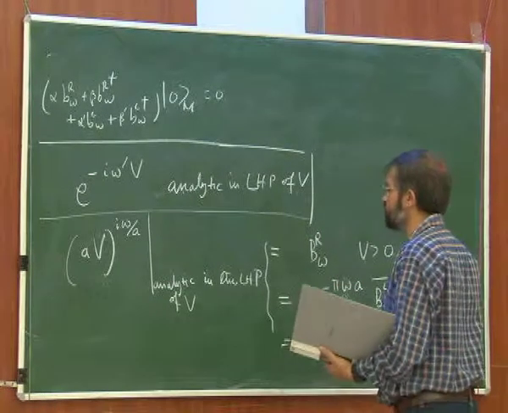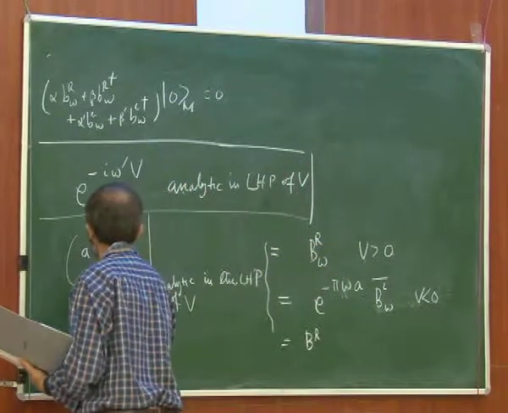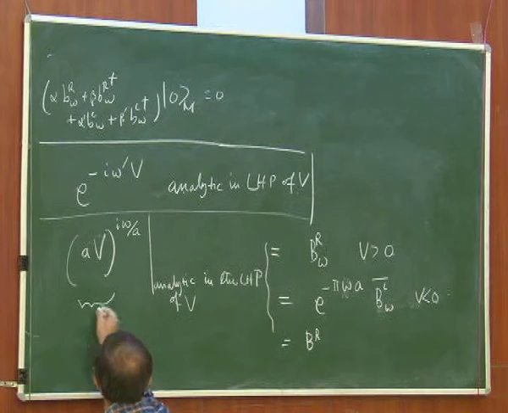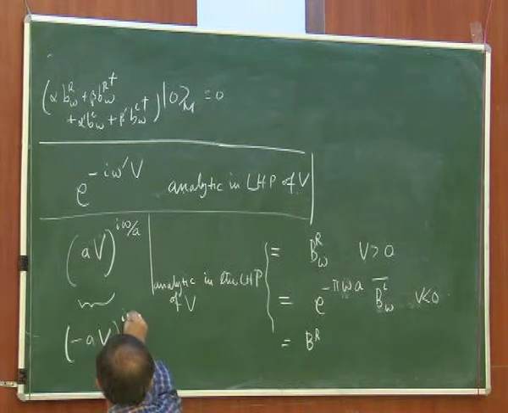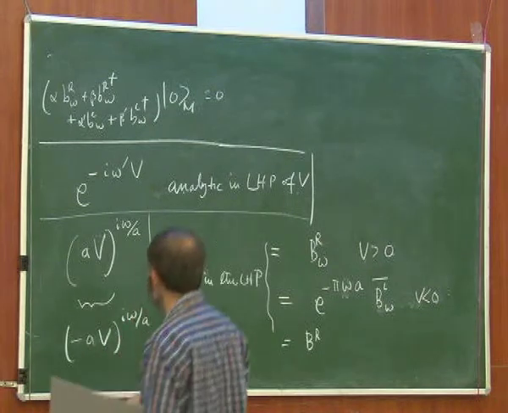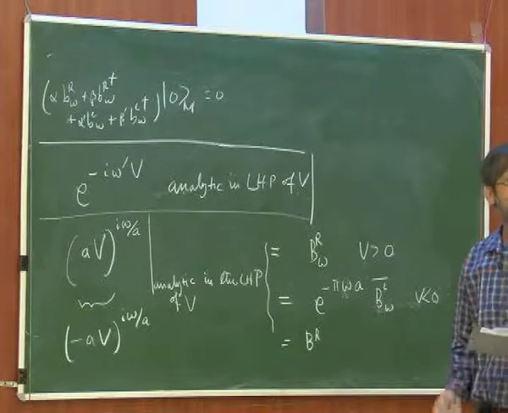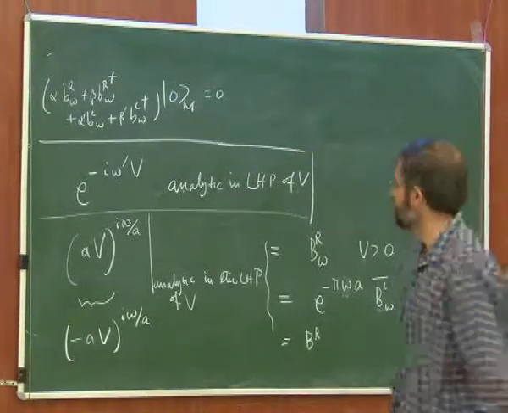So what I'm trying to say is that basically when you go to minus V, you want to compute a thing like this, minus AV to the power i omega a. How are you going to interpret this minus?